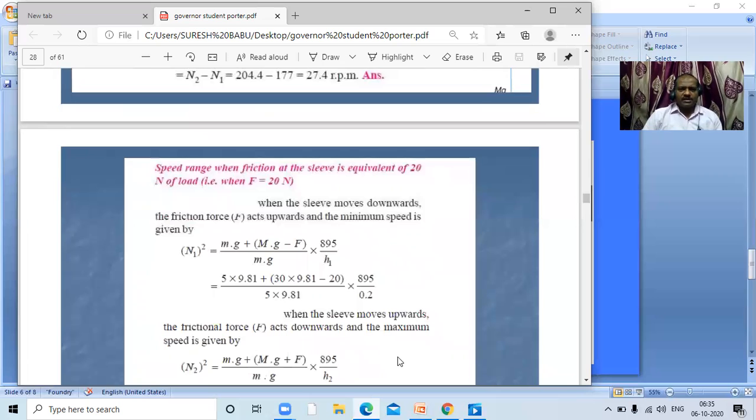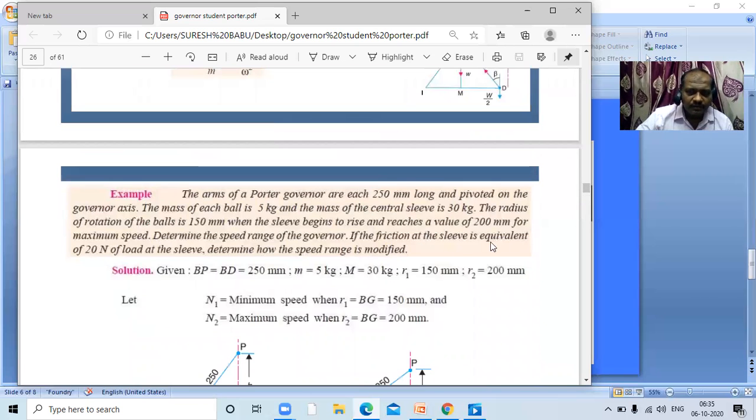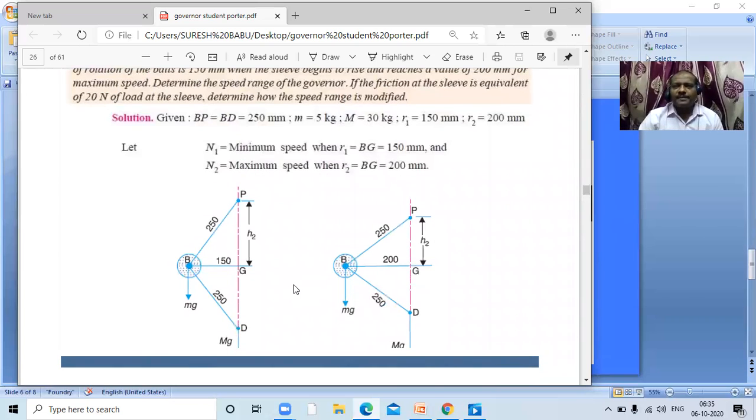If you observe this problem, they have given two parameters. The range of speed we have to find is at frictional load and without frictional load. The formula is N is equal to (small m plus capital M) by small m into 895 by h. If N1 is represented, h is h1.